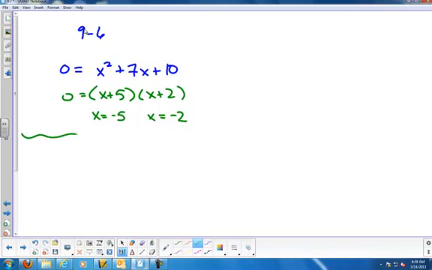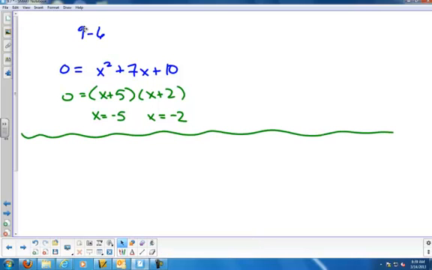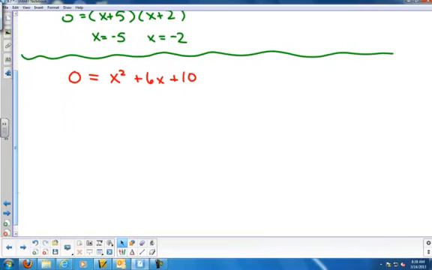Okay. If you have something that's not factorable, something like this, the easiest way to figure out the zeros right now is to find the line of symmetry to figure out what's going on. So A is 1 and B is 6.